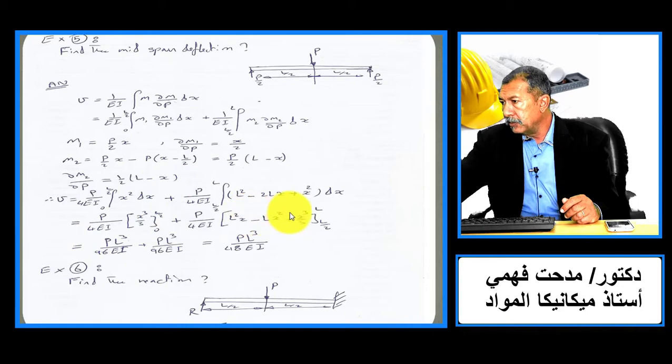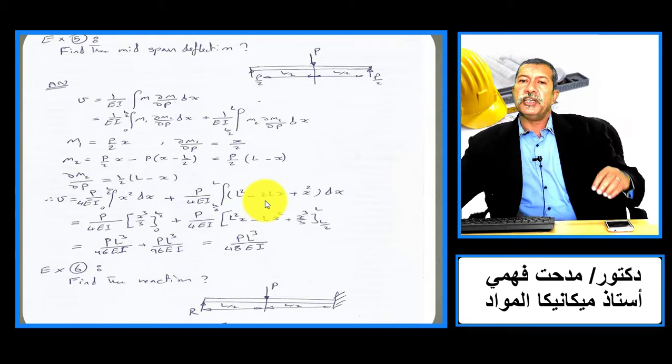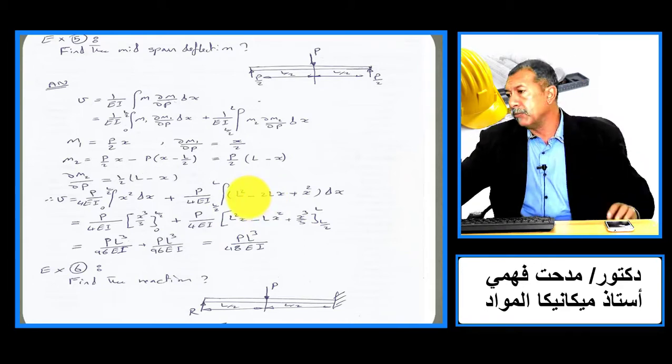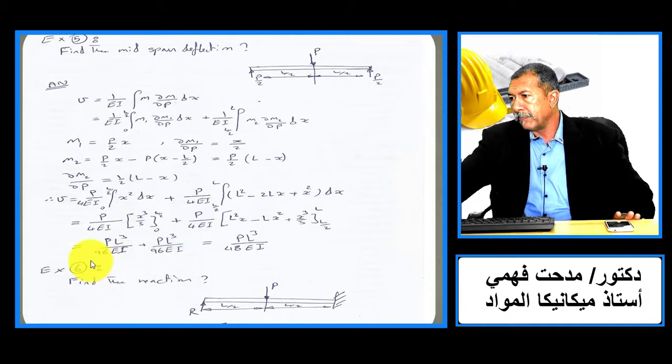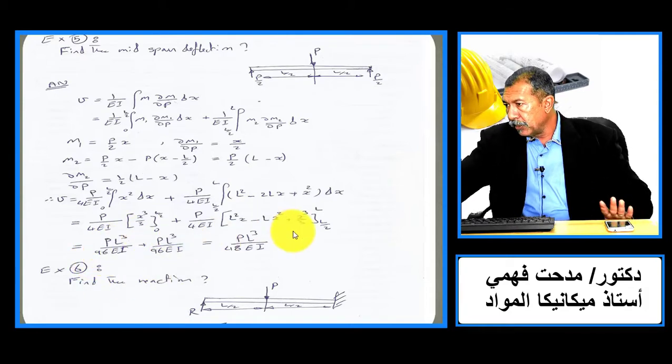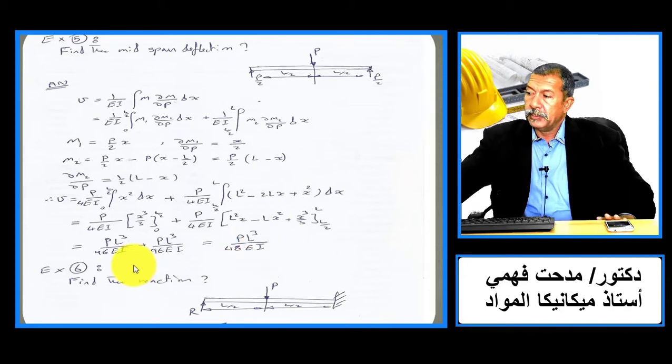So we get this equation. Here we have no dummy load because we have a force exerted in the mid of span, and so there is no need for the dummy load. So from the calculation and the limits of integration, we reach PL cubed divided by 48 EI.